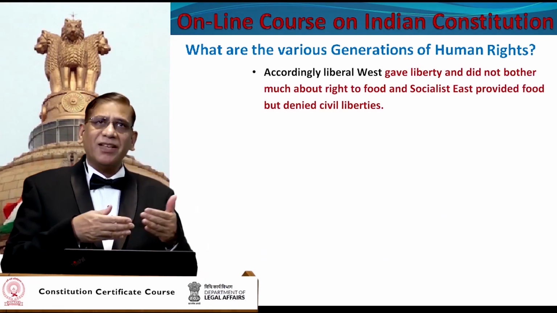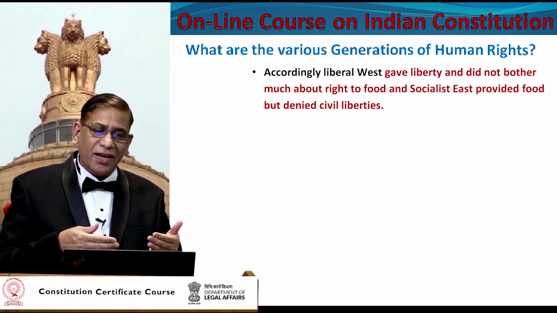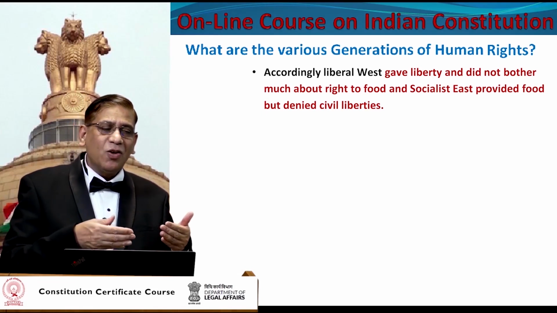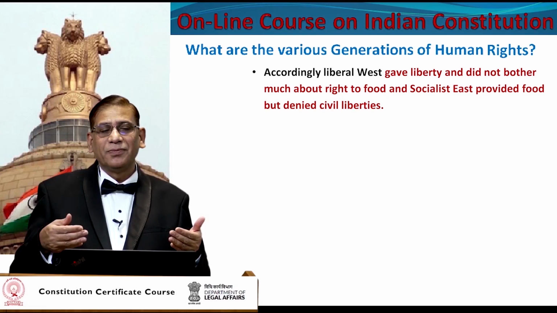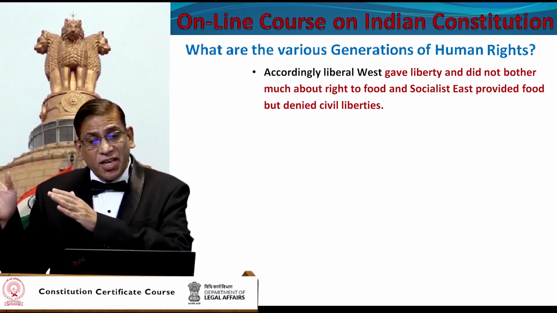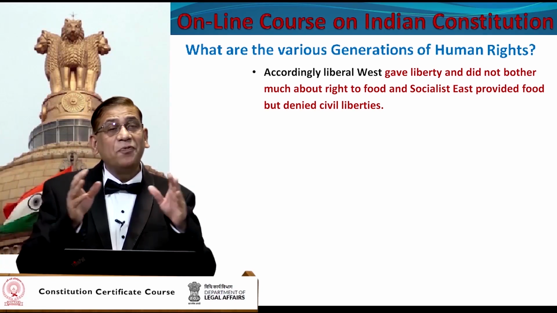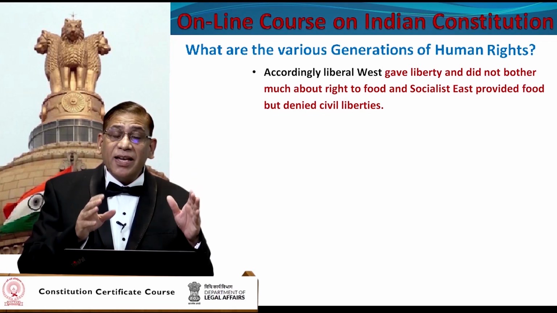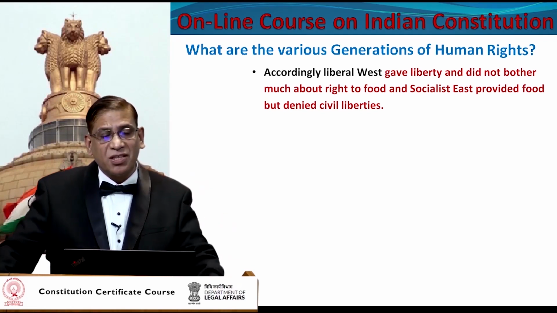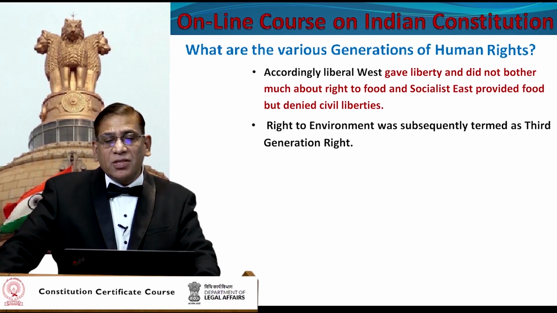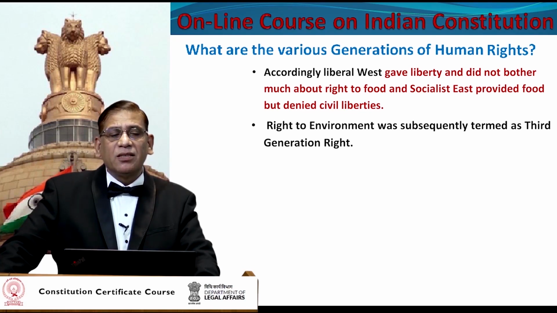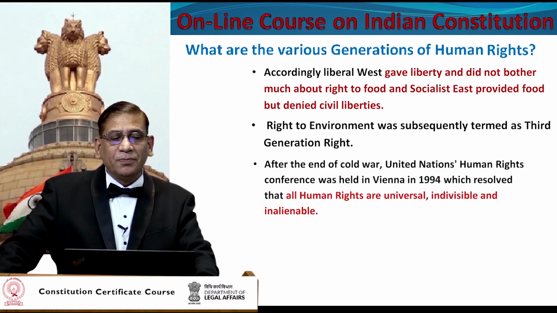Accordingly, the liberal West gave liberty and did not bother much about right to food. And the socialist East provided food but denied civil liberties to its citizens. Subsequently, right to environment was termed as third generation right.